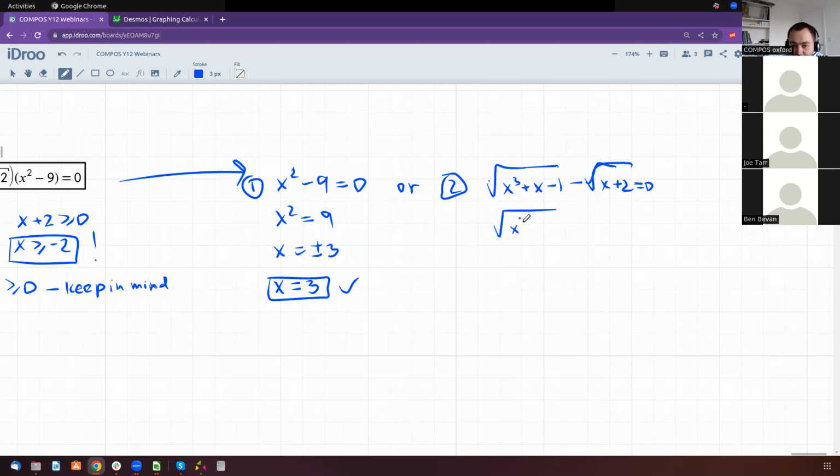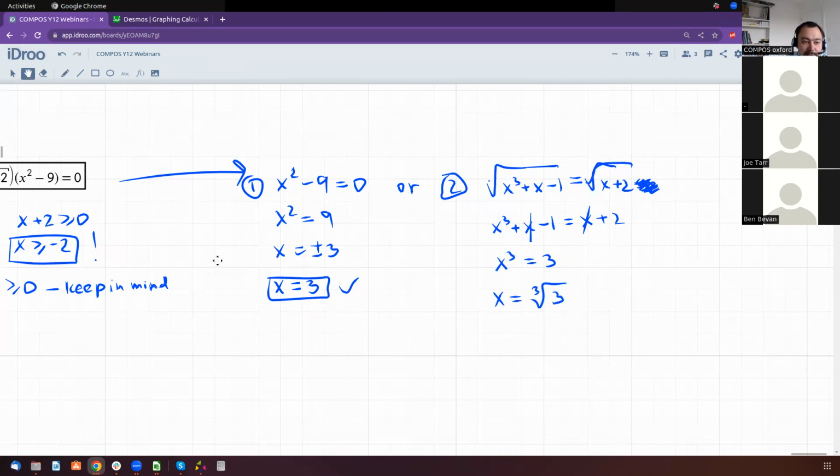Square root of x cubed plus x minus 1 equals square root of x plus 2. We square both sides: x cubed plus x minus 1 equals x plus 2. x cancels, so we got x cubed equals 3. x is equal to cube root of 3.